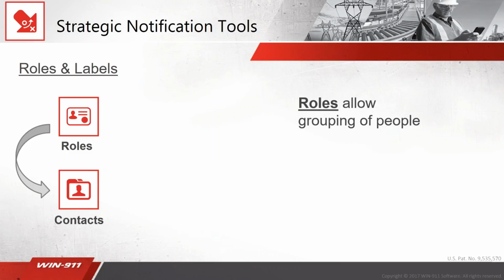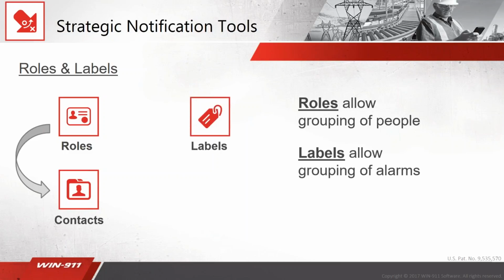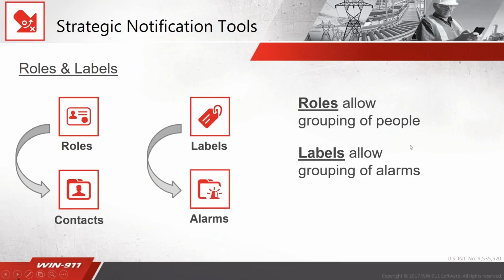In the same way that we group our contacts together, we group our alarms together using what we call labels. Labels are pretty much the same thing as a role, it's just we assign those to alarms. So what you do is you create your contacts, assign them to a role, create your alarms or import your alarms, and assign those to a label.